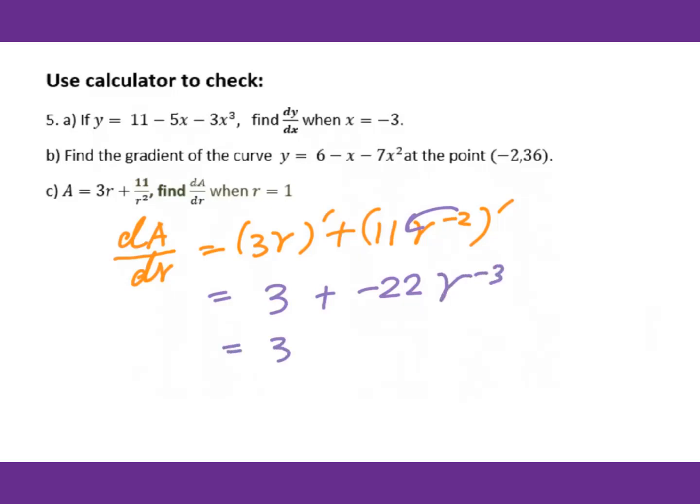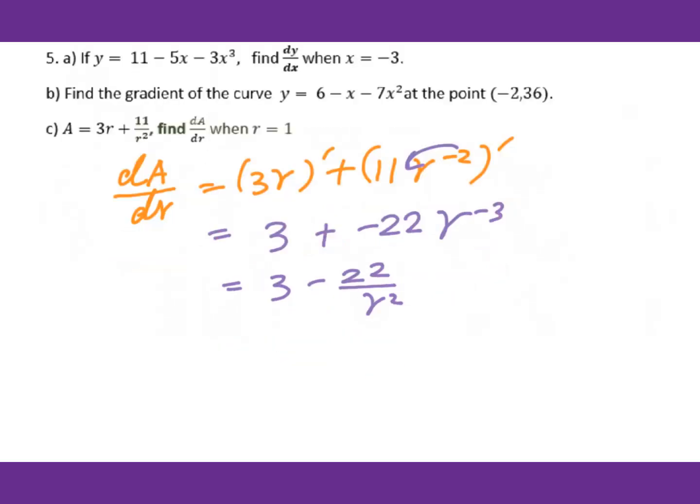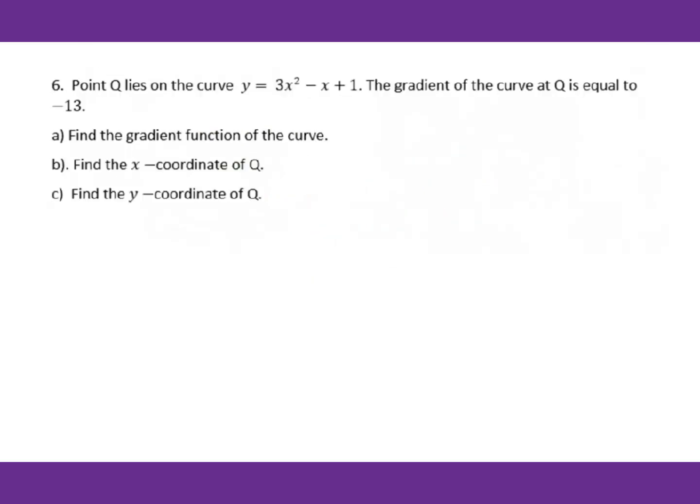So we have 3 minus 22 over r squared. Now I will work on A prime of 1. Plug in: 3 minus 22 over 1 squared. So you get negative 19. Let's go to number 6.